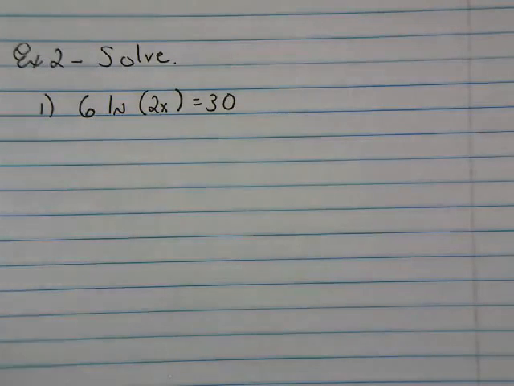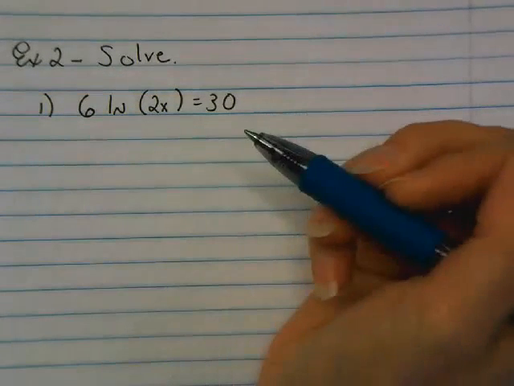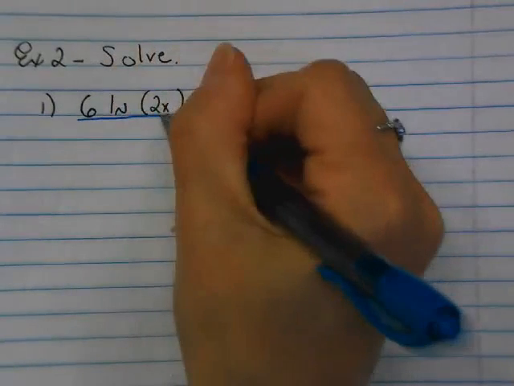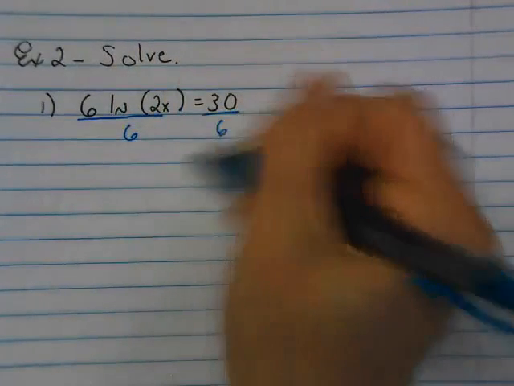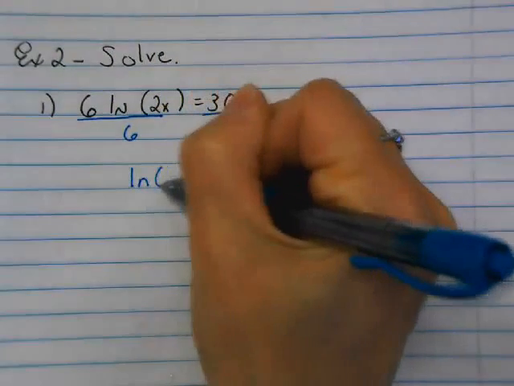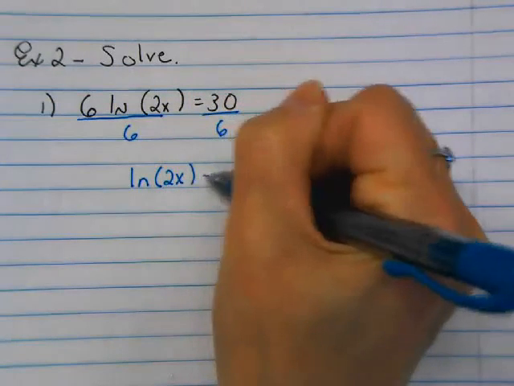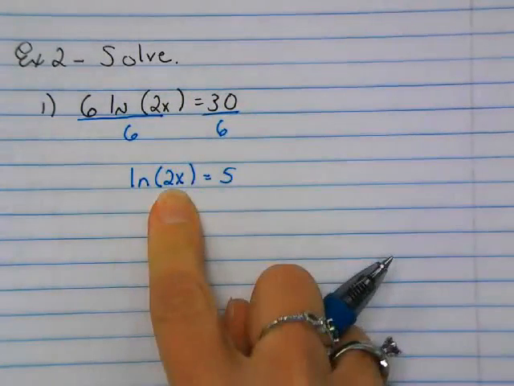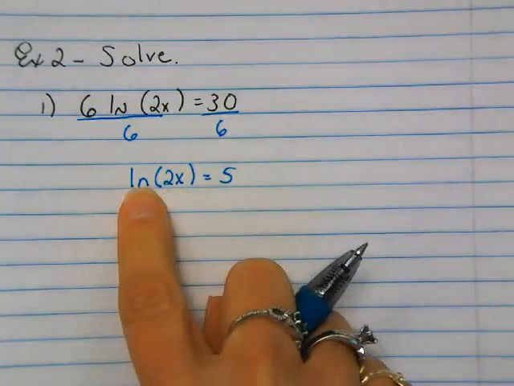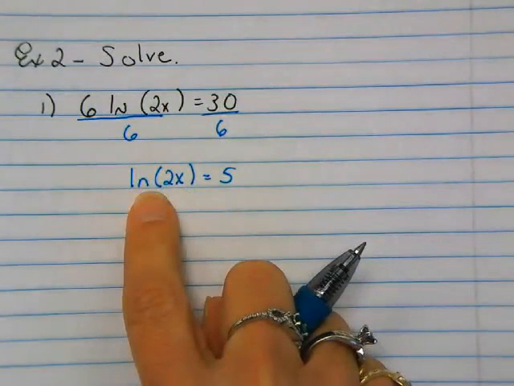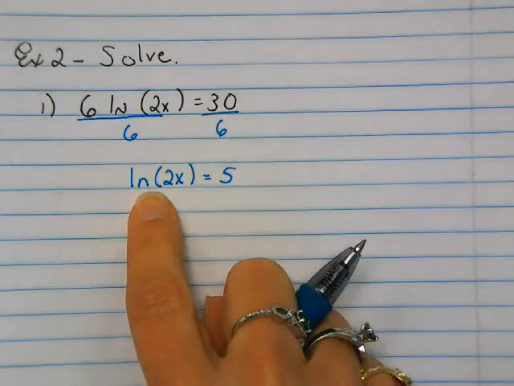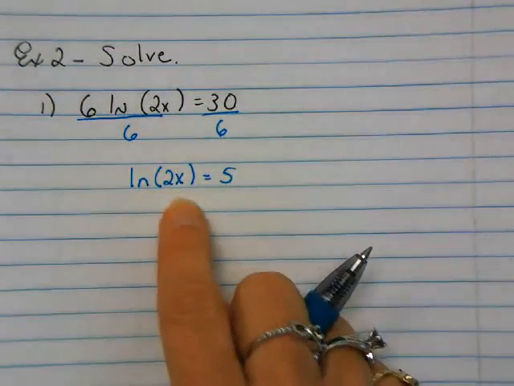I hope you said divide by 6. You get the natural log of 2x is equal to 5. Now, right now, this x is attached to the natural log, so somehow I have to get rid of a natural log. And to get rid of a natural log, I'm going to take the natural base of each side.